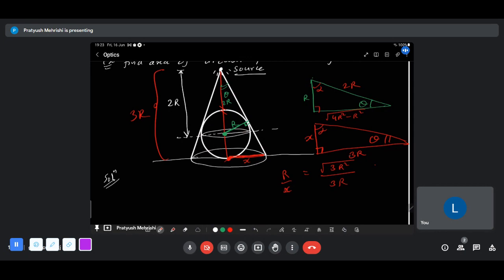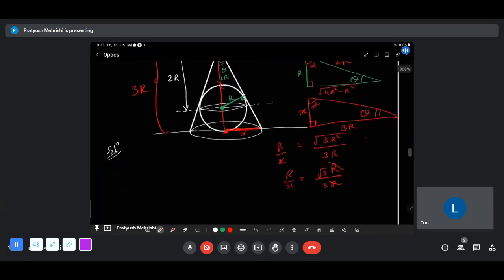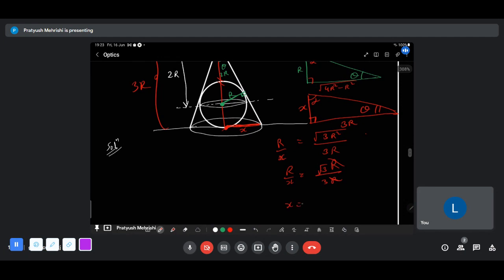So what will be x? r upon x is equal to root 3 into r upon 3r. r and r will cancel out. x will be 3r upon root 3, or we can write root 3r. This is the answer. x is root 3r.